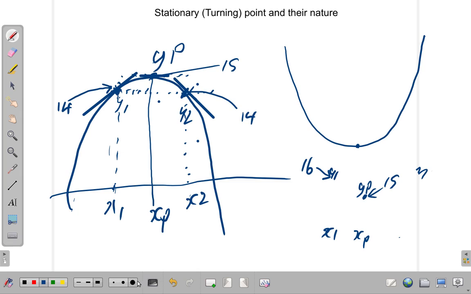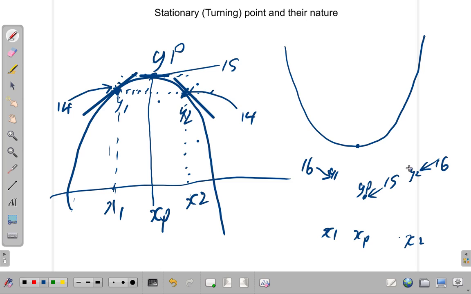And you come over here and you calculate the value close to xp, call it x2, and what you calculate is y2, and you get 16.